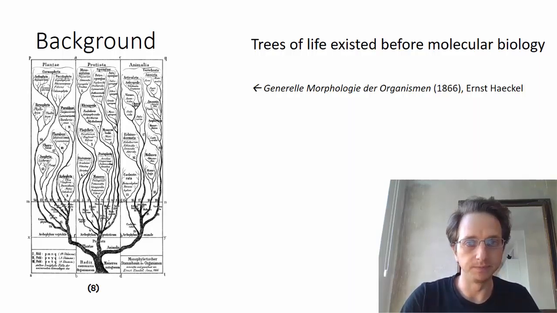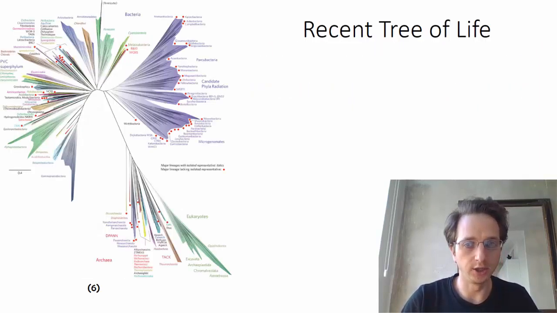But over this time, they're definitely changing. Here's an image of a more recent tree of life, one that has thousands of species and different groups of species as well, that was published just a few months ago in Nature.